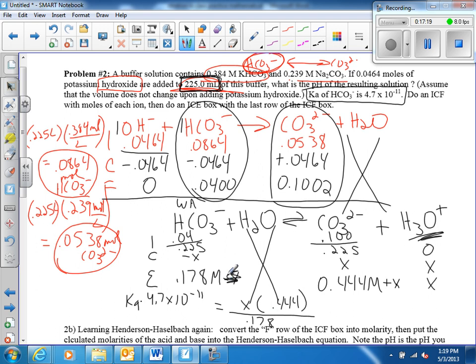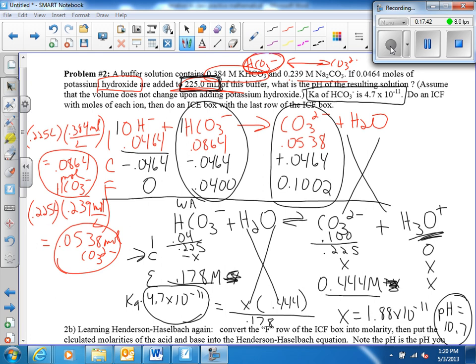I'm ignoring the minus x's and the plus x's because we're assuming since Ka is so small, x, the change amount, is going to be really small because we're not going to get a whole lot of product because K is so small. So x is small compared to any real number, small compared to 0.14, small compared to 0.178. And now we find x is 1.88 times 10 to the minus 11, and the pH is 10.7 right there.